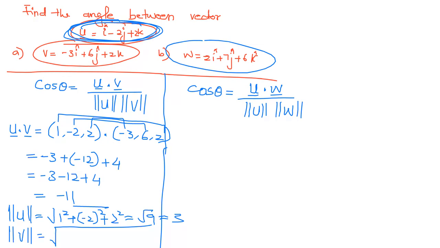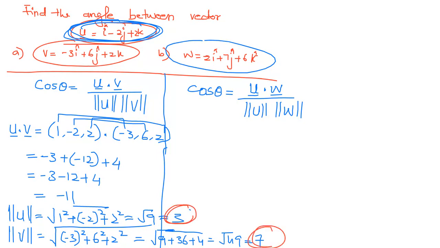Similarly, you can find the mod of v. Mod of v is the square root of minus 3 whole square plus 6 square plus 2 square, which is 9 plus 36 plus 4, which is 49, so it is equal to 7. Now substitute these values in the formula.